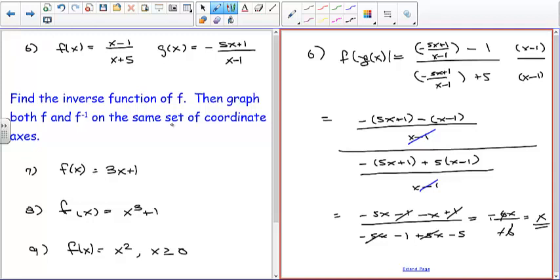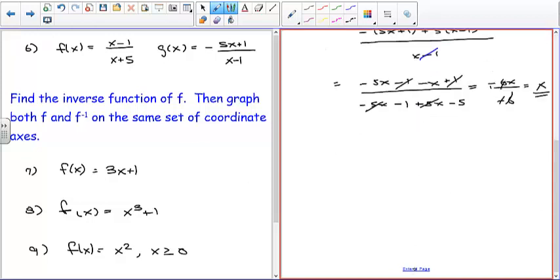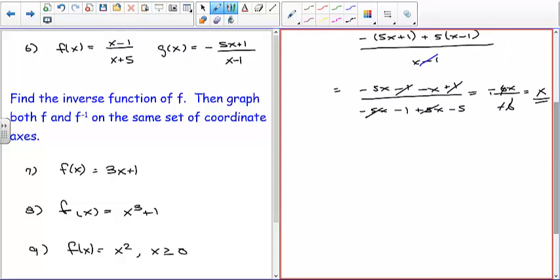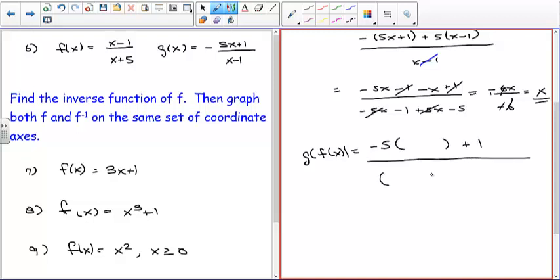The second one, so that was f of g of x. Now we do g of f of x. So you have g of f of x. So we get negative 5 times x plus 1 divided by x minus 1.